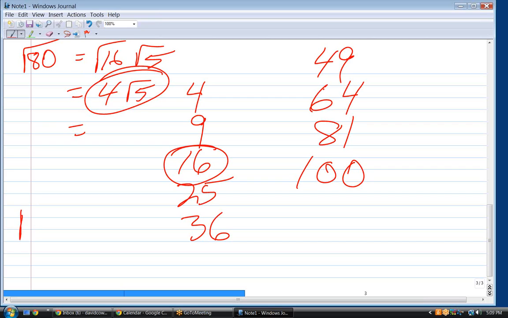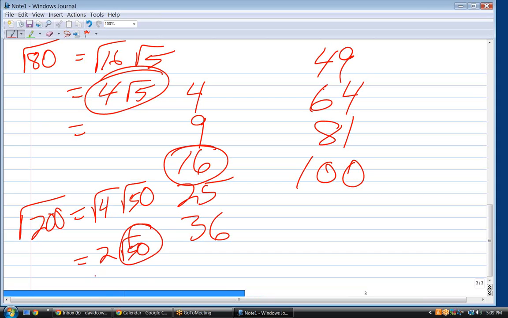Let's go back and talk about square root of 200 again. Well, you spotted that that was 100 times 2. But what if I didn't see that? What if I saw that it's 4 times 50? Okay, well, that's okay. That's 2 root 50. But then root 50 is root 25 times root 2. And root 25 is 5. So 5 times 2, that would be 10 root 2.